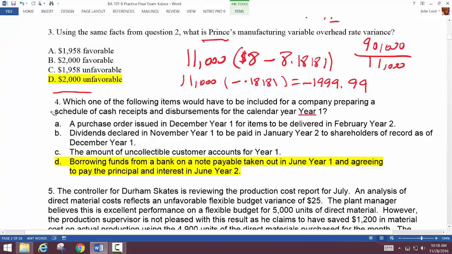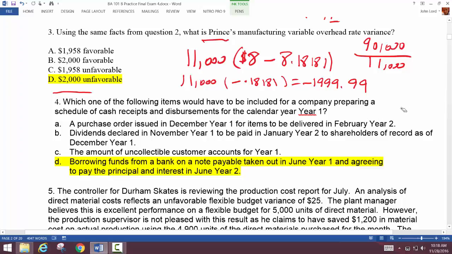Okay, so number 4, which of the following items would have to be included for a company preparing a schedule of cash receipts and disbursements for calendar year 1? I don't know why we need the word year twice, but calendar year 1. And so what's going to be relevant to year 1 here? A purchase order issued in December year 1 for items to be delivered in February year 2.